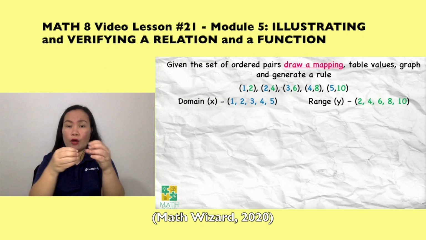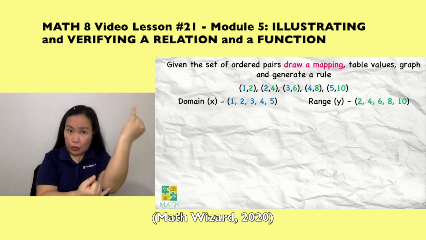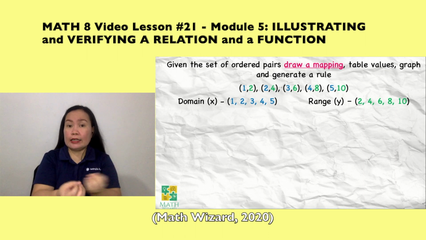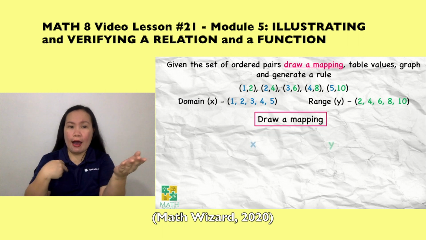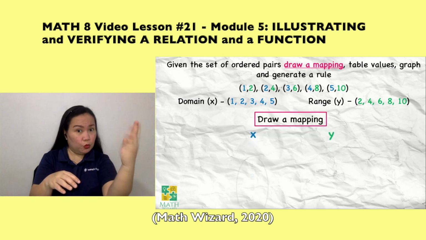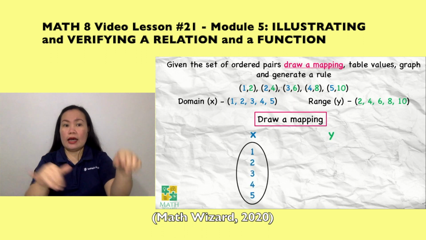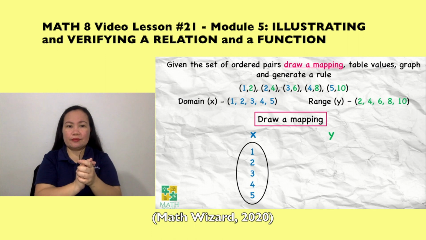Okay, so ang gagawin natin is we need to draw a mapping. Okay, magdodraw tayo ng mapping given yung set of ordered pairs that we have. Okay, so ang gagawin natin, we write first our x and then our y values. So, ang ating x values is we have 1, 2, 3, 4, and 5.